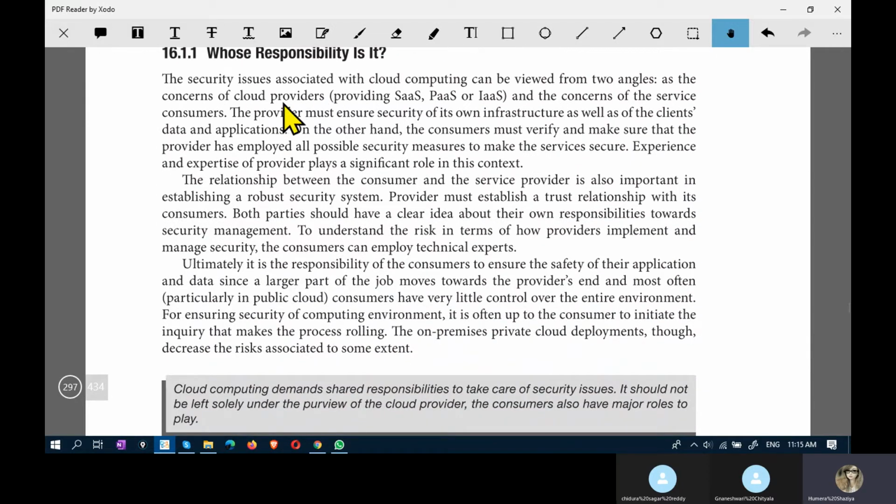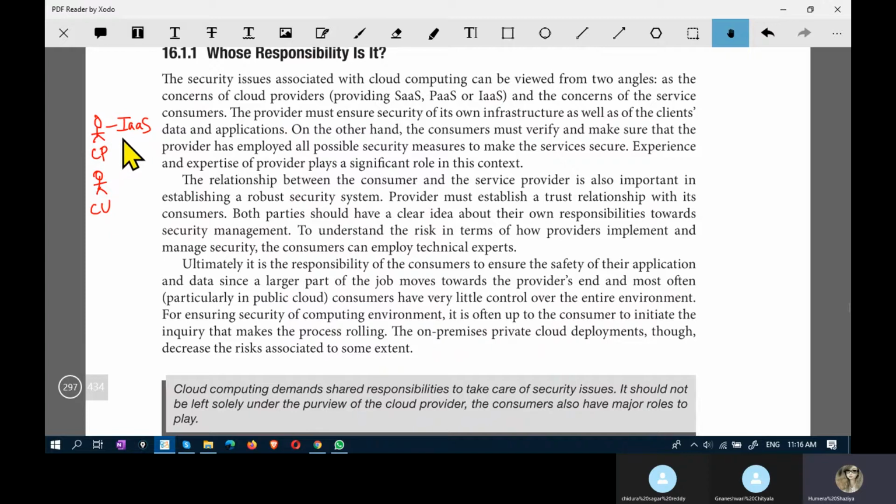And if you consider cloud, there are primarily two stakeholders: cloud providers, and cloud consumers or cloud users. What are the concerns with respect to cloud providers? They want to safeguard their physical resources, that is being exposed through IaaS service.